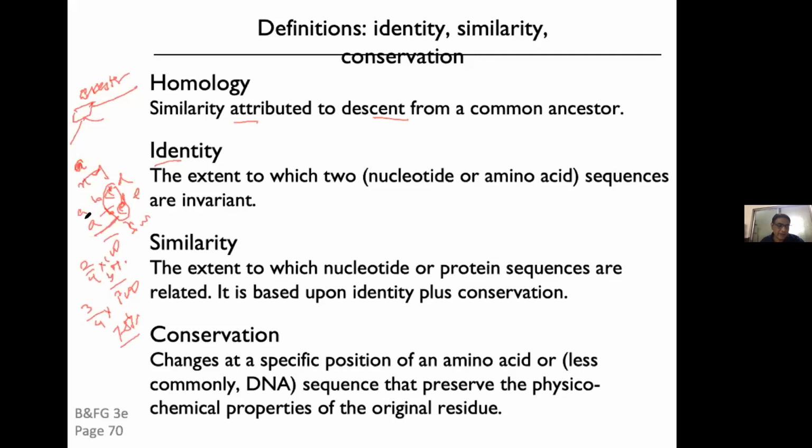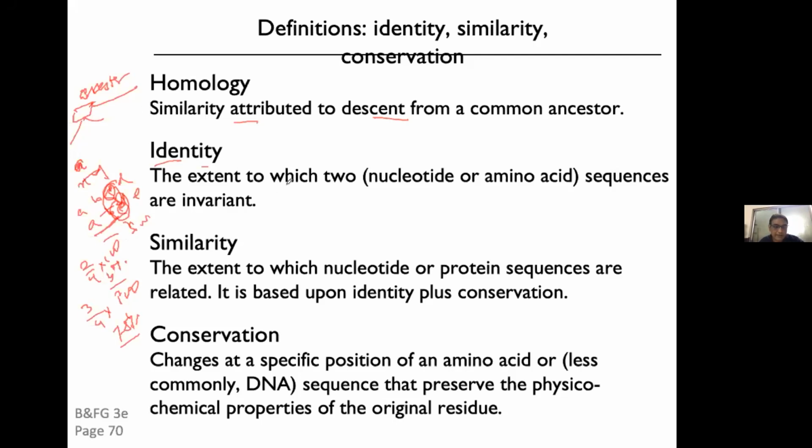Identity means the amino acids which are identical to each other, and sometimes an amino acid gets changed, but changed to a similar amino acid with similar properties. So we call them similar. We'll look into one of the alignments, and that will be easier to understand.